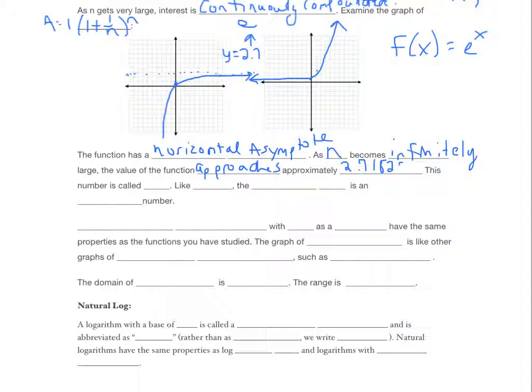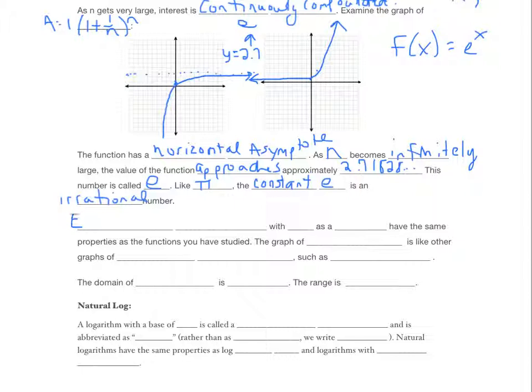This number is called e. Like pi, e is a constant and an irrational number. It does not repeat.